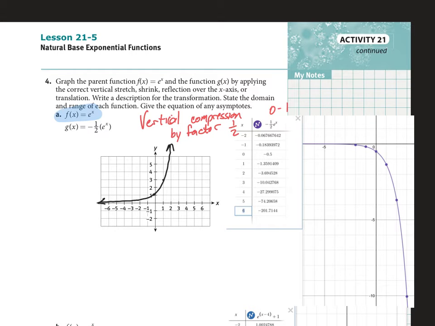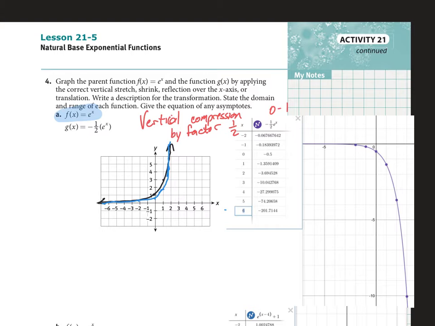Notice I didn't say negative 1/2 because there is a reflection on top of that. All of the values we saw from the first one are now going to be half of that. Where it was at 1, this will be at 1/2. Where this was at 2.7, it's going to be half of that. Half, half, half. So when we take a half, it would look like this.